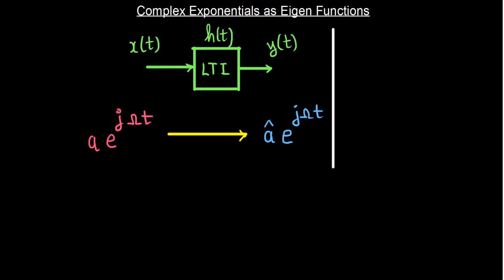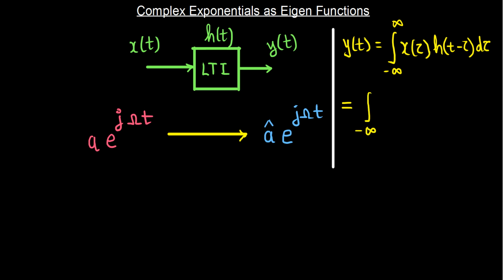So we have y of t equals integration from minus infinity to infinity x of tau h of t minus tau d tau. And by the property of commutativity we can exchange the roles of x and h, so we can obtain minus infinity to infinity, which is equivalent to h of tau into x of t minus tau d tau.